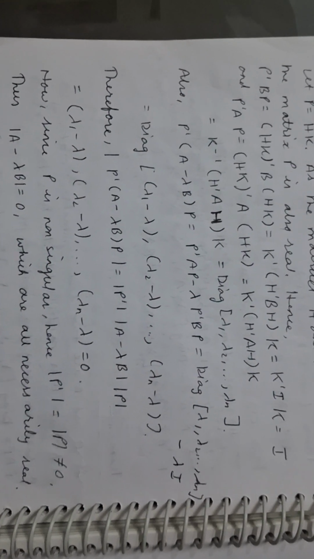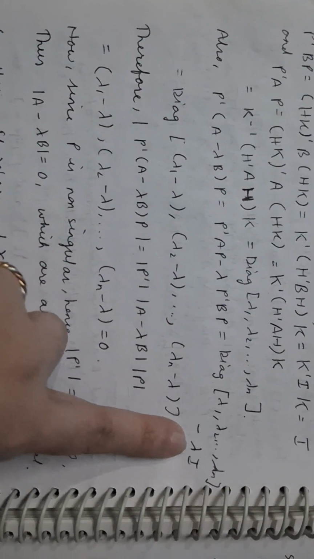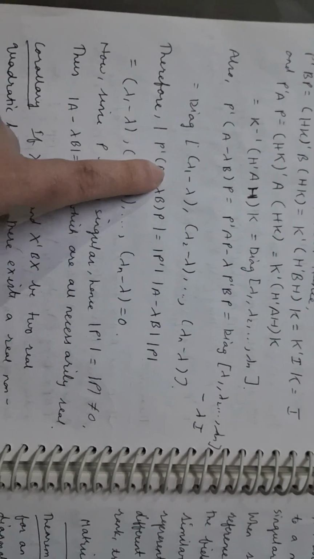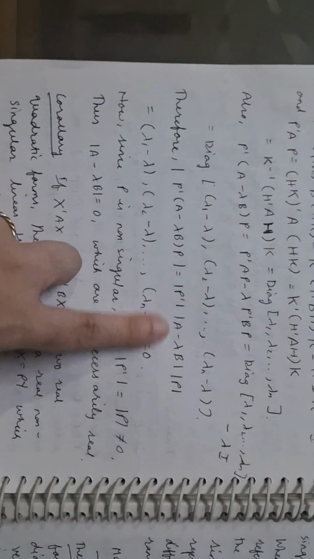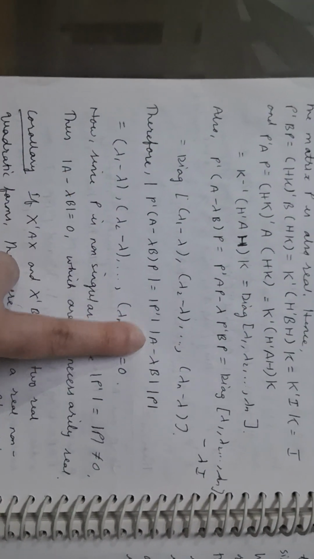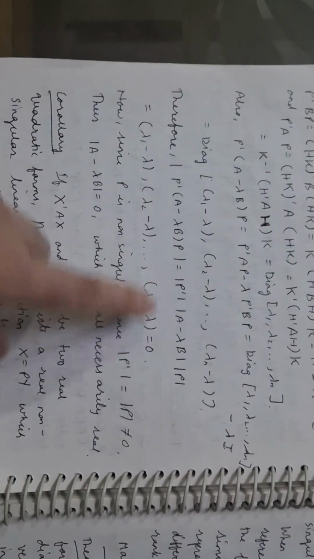Now, P transpose A minus lambda B into P is equal to P transpose AP minus lambda P transpose BP, so that means we subtract lambda into the identity, that is lambda, from each of the diagonal terms. That gives us this value. Therefore, P transpose A minus lambda B into P, if you remember the equation, comes out to be this value, and it can be written in this form on expanding.